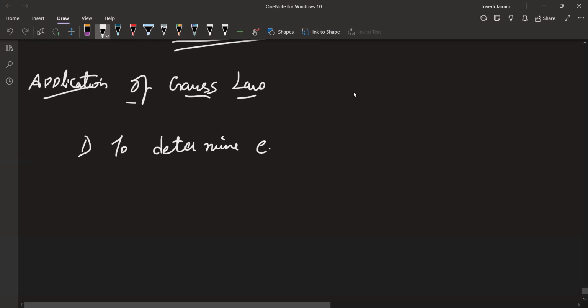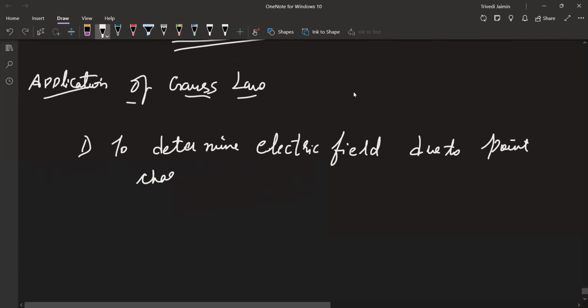Determine electric field due to point charge.